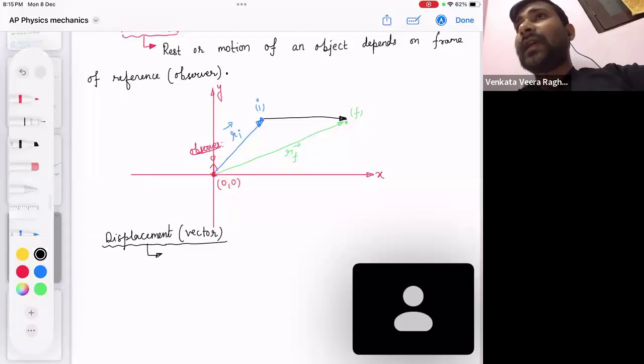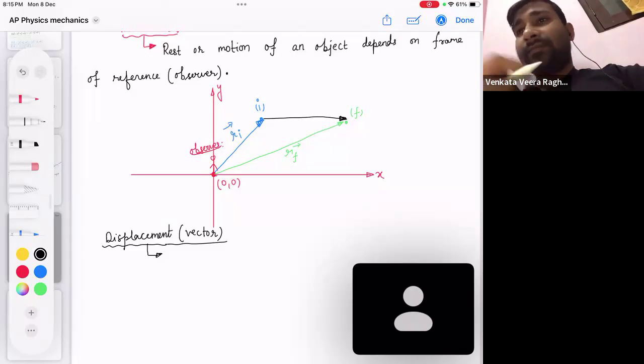So displacement can be written in many ways. Sometimes it is written as the shortest distance between the initial and final point. Or it is the straight line distance between the initial and final point. Or it can also be written as the change in position vector.